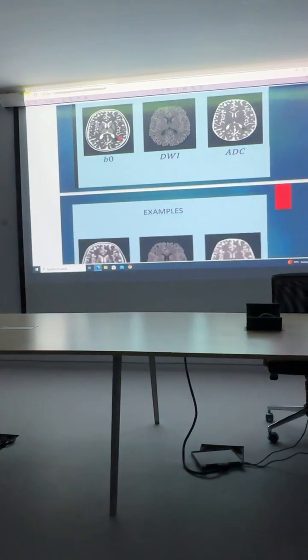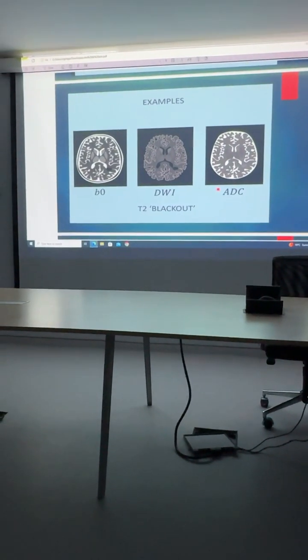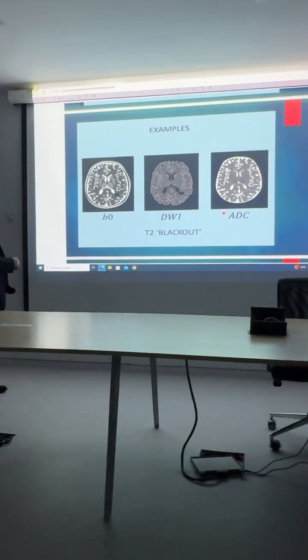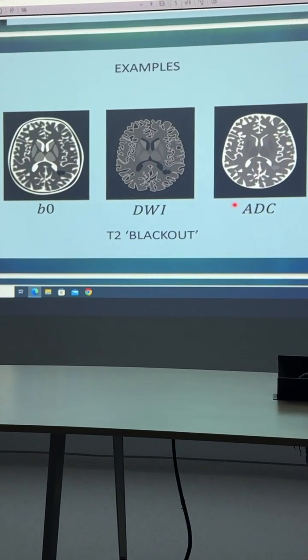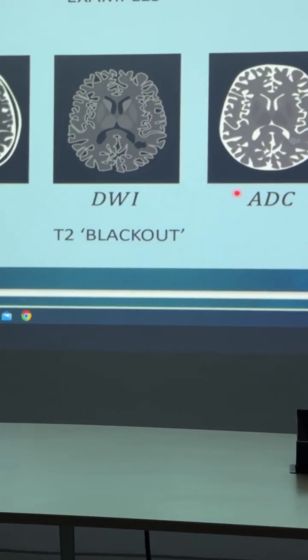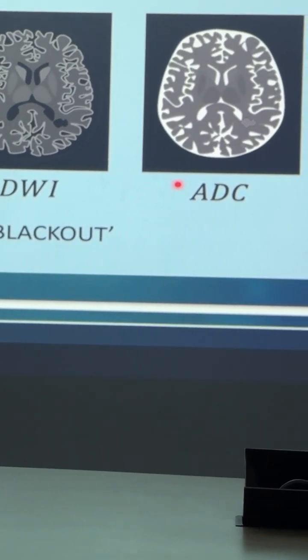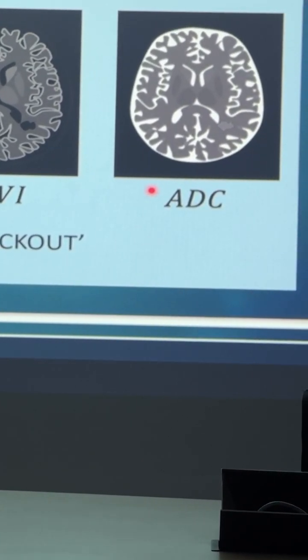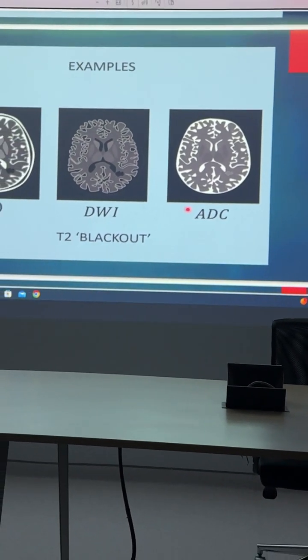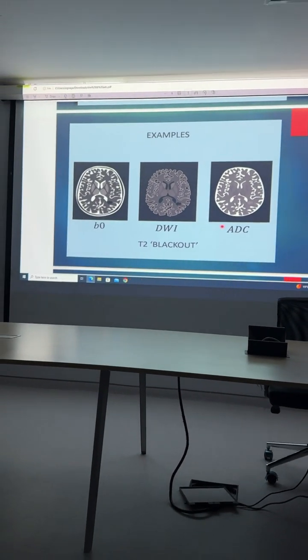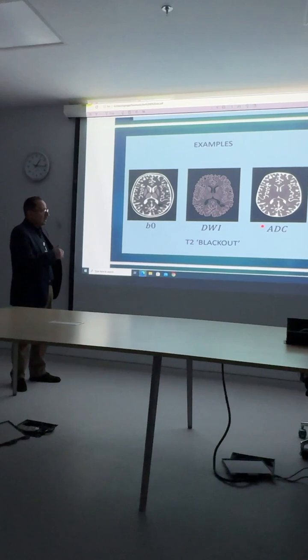The fourth and last scenario that we might encounter shows dark signal on the B0 and dark signal on the DWI image. Dark signal on the DWI image means no restricted diffusion, as we know from how we process our signal and deal with it with active and strong gradients.